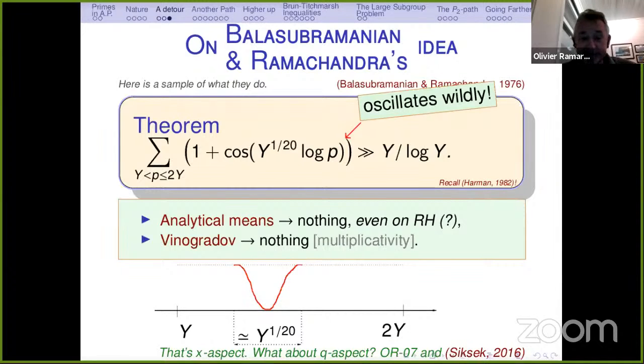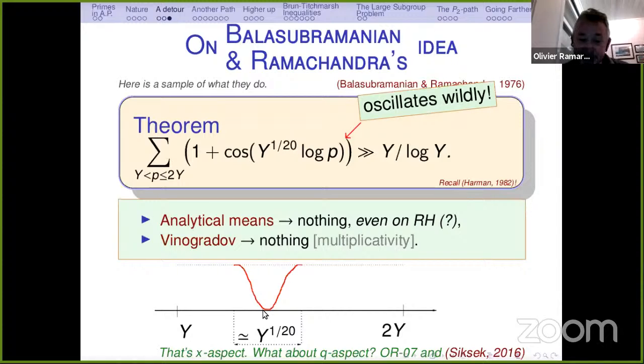How do you do that? Well, you use the Brun-Titchmarsh theorem. You see, this function repeats itself in intervals of length about y to this small power. And what the Brun-Titchmarsh tells you, forget about the phi of q and the q part, just take q equal to 1. What the Brun-Titchmarsh tells you is that the primes cannot accumulate at the very bottom here. I don't know whether you see this up here, maybe better.